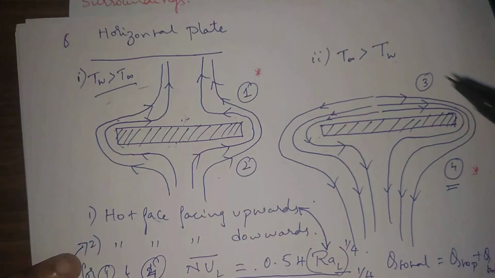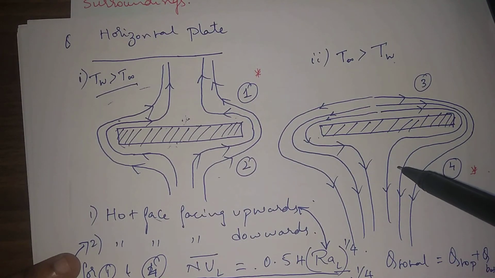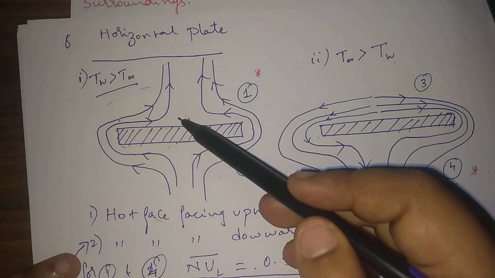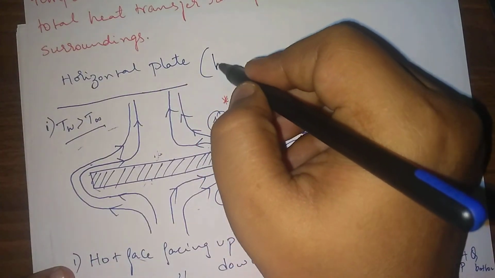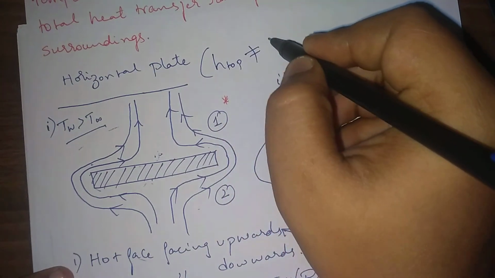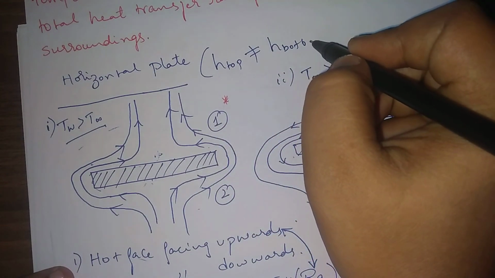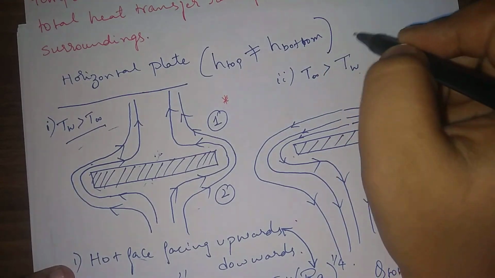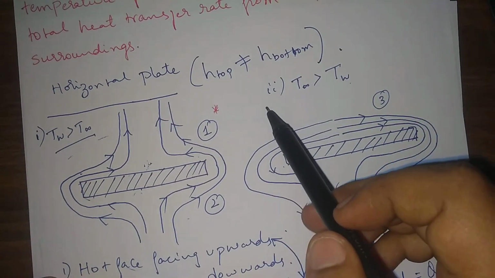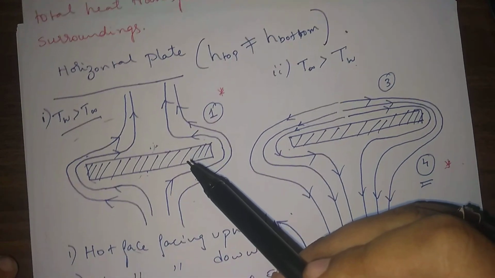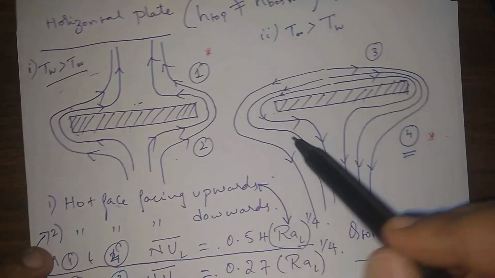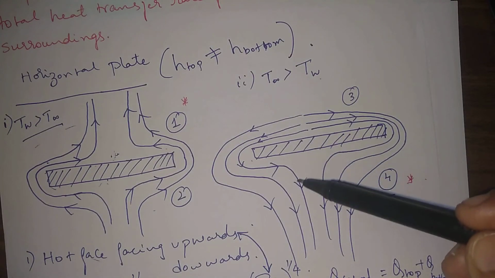The whole configuration of movement of air is going to vary. So H top is not equal to H bottom, whereas in the vertical case, we used to consider both H as the same, since the flow is in the vertical direction. Here it is in the horizontal direction, so H top and bottom are not equal.